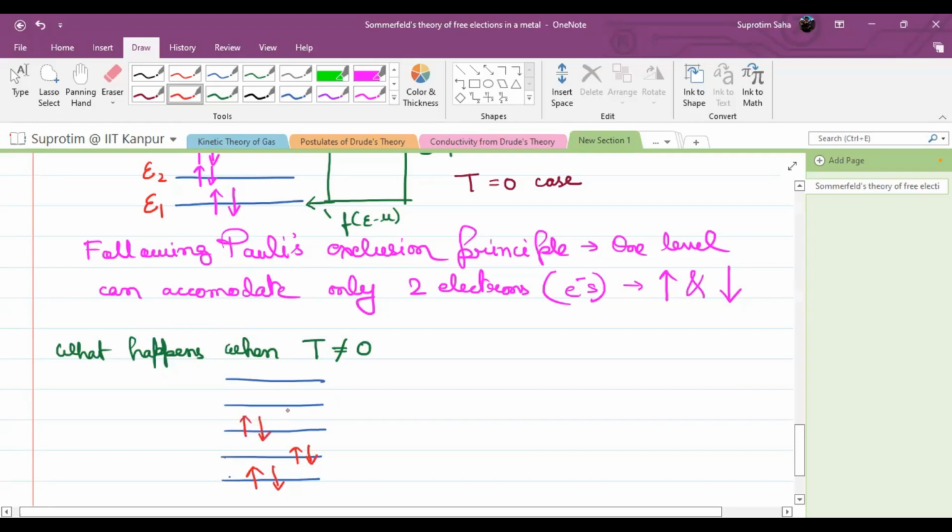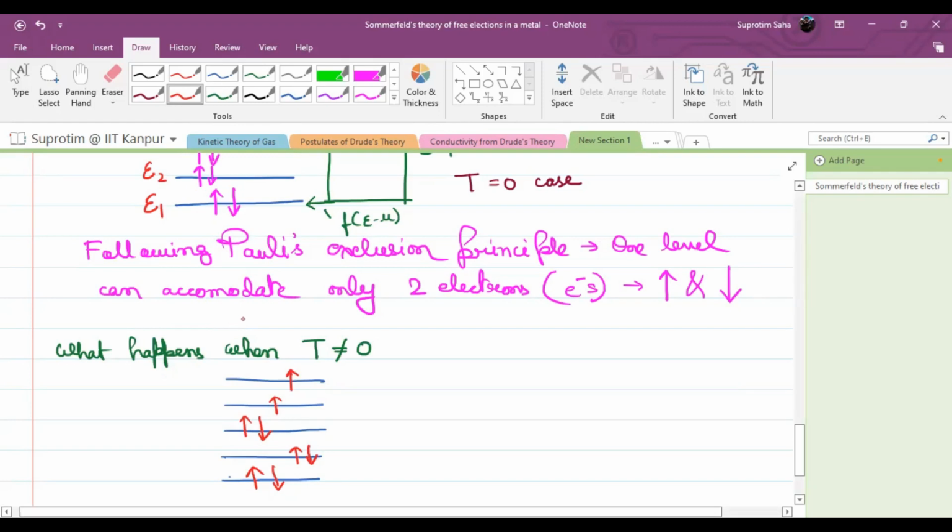Now, in these two levels, as there are thermal fluctuations, one will move up to this level, skipping this level, and another will stay in this level. Because of this extra energy supplied by the thermal fluctuations, the spins can traverse up to a higher energy level.